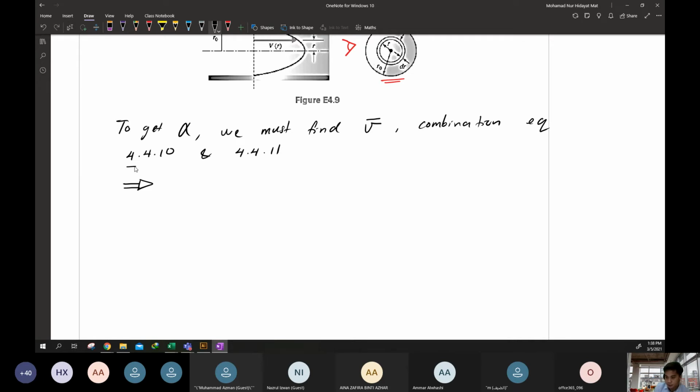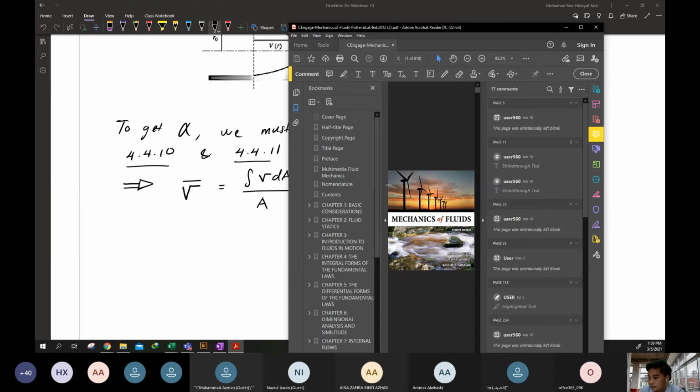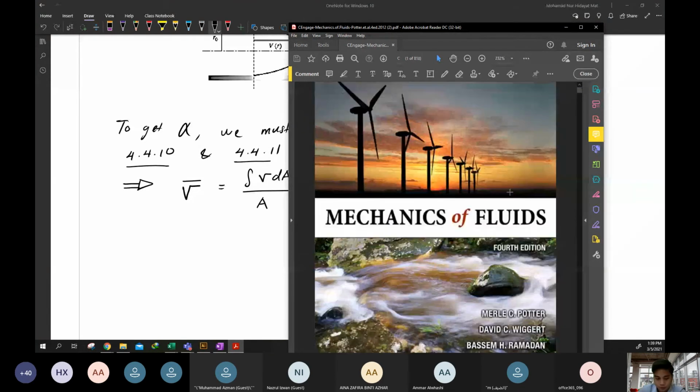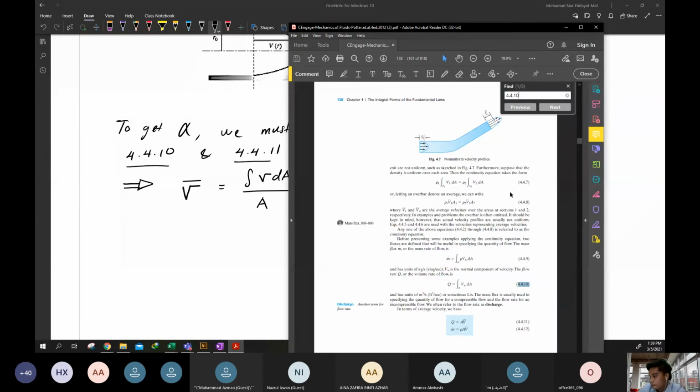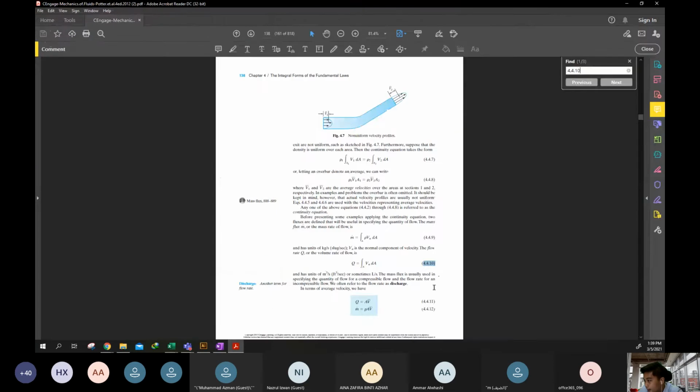You can look at the textbook, this equation combined, you will have V average equal to the integration of V dA over A. Okay, let me show you the Porter equation, equation 4-10 and 4-11.